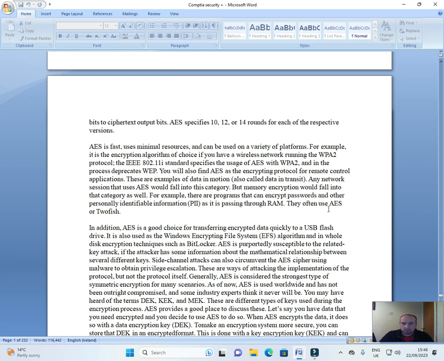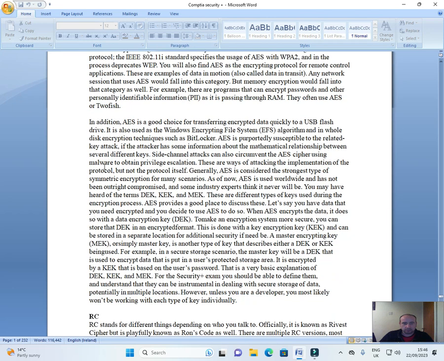They often use AES and Twofish. In addition, AES is a good choice for transferring encrypted data quickly to a USB flash drive. It is also used as the Windows Encrypting File System, EFS, algorithm, and in whole disk encryption techniques such as BitLocker.